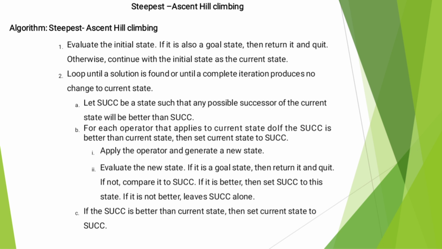Then evaluate the new state. If it is a goal state, then return it and quit. Suppose it is not a goal state, compare it to the successor. If it is better than the successor, set successor to this state. If it is not better, leave the successor alone. If the successor is better than the current state, then set the current state to the successor.